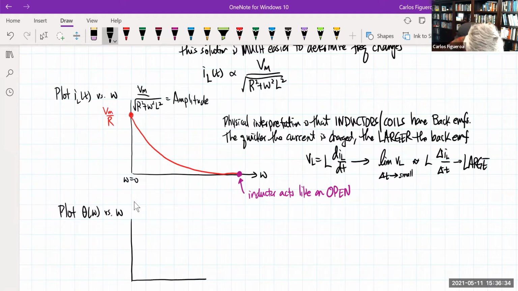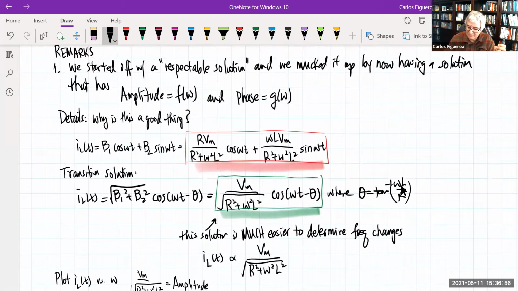So you could imagine that theta here is going to be the tangent inverse of omega L over R. That's what I remember, right? It's gotta be that, right? Just to make sure, because I made enough silly mistakes. Okay, so I got omega L over R.